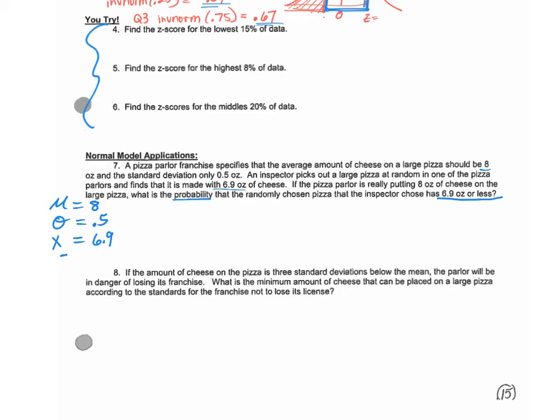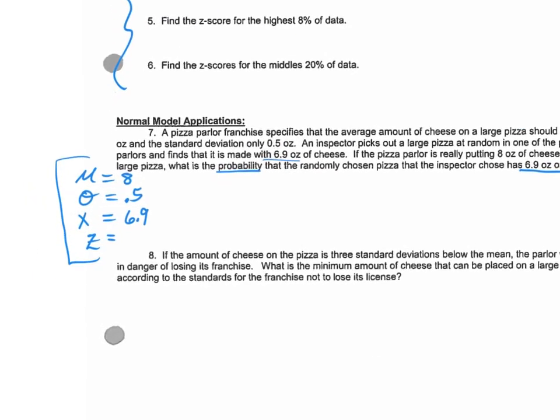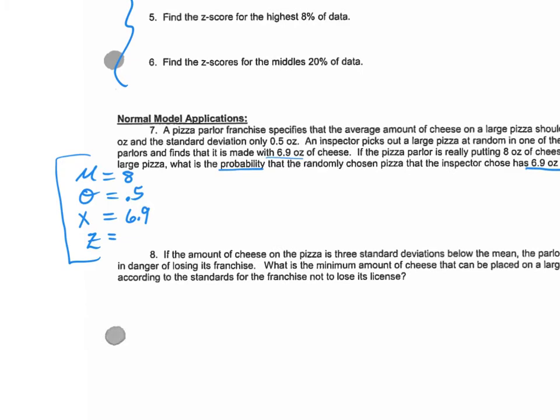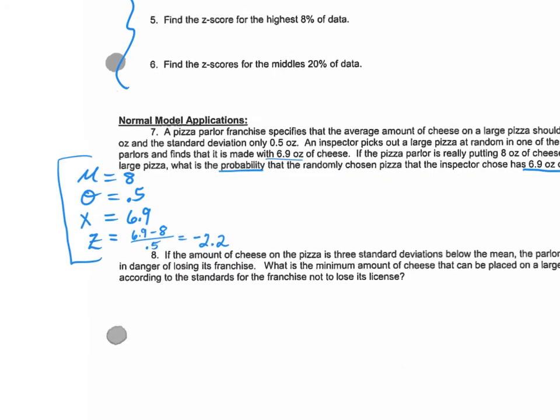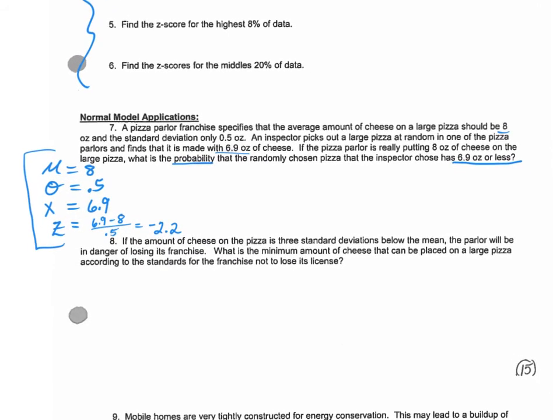So we're going to find our z-score. On a word problem, we typically make ourselves a menu over here on the left side of all of our information. So this z-score is my x minus the mean over the standard deviation. So my 6.9 minus the 8 over the standard deviation is negative 2.2. Now it says find the probability.